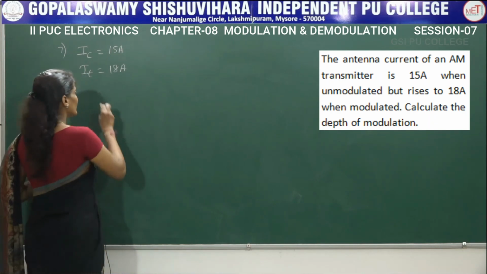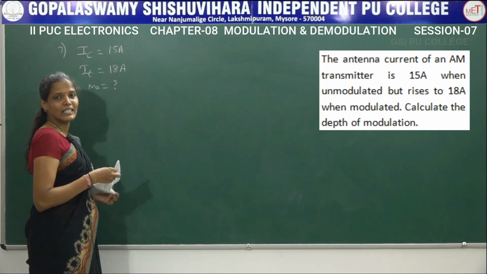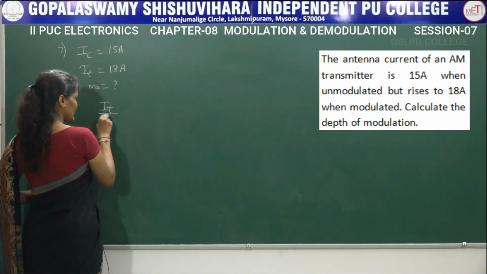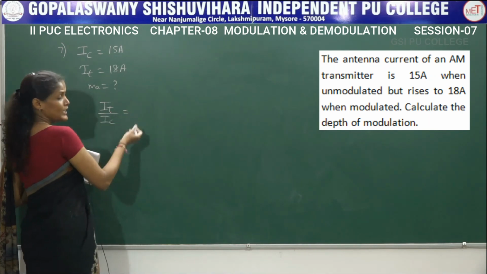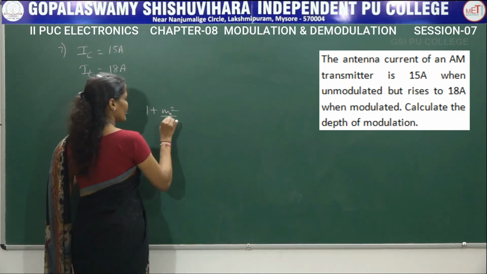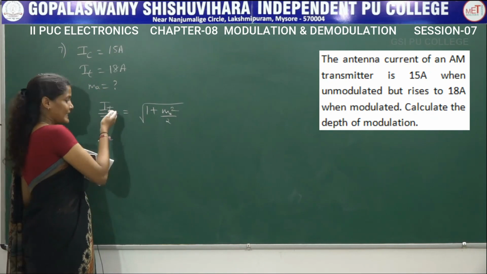Calculate the depth of modulation, that is nothing but MA. Even this direct formula we had already discussed in the last session. IT is equal to IC into root of 1 plus MA square by 2. So I have directly taken IT by IC.